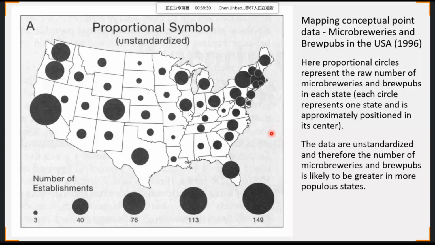And many of those maps are proportional symbol maps. And unfortunately, most of them are unstandardized. So they don't give us the information how many people are living there. They just give us absolute numbers of infected people, for example. And this makes it more difficult to compare.